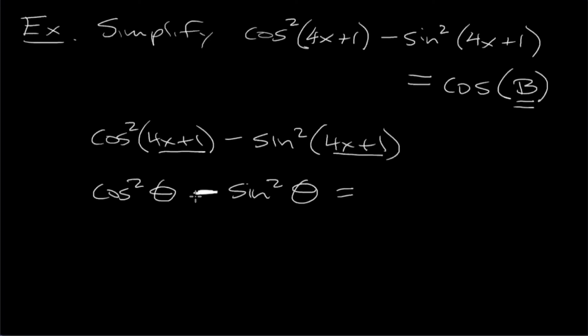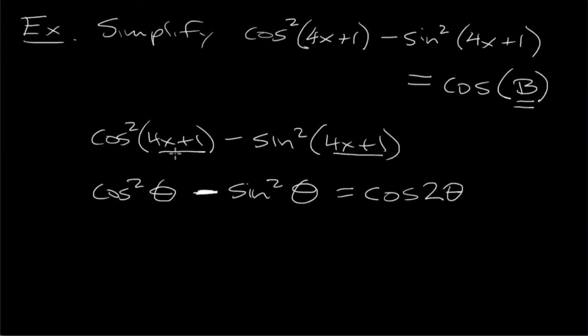So you're going to need to look at your identity sheet and find something that has cosine squared minus sine squared. Well, in our case, it would be cosine of 2 theta. So whatever theta is here, this should be 2 times that.